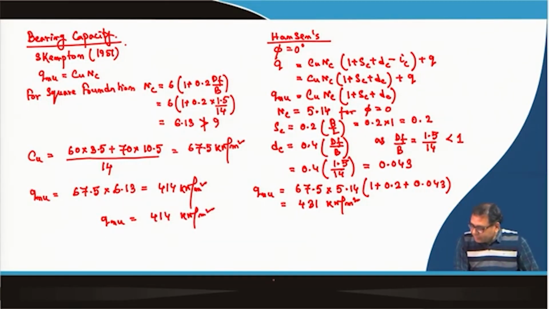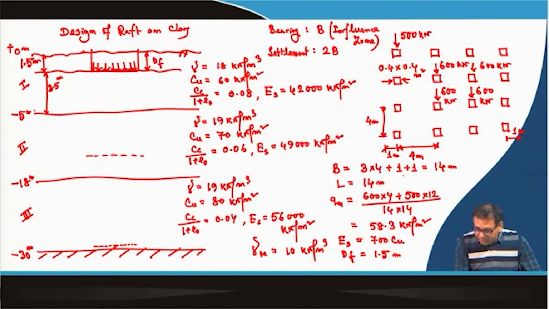So, the factor of safety that we are getting is, our net ultimate bearing capacity is 414 and the load which is acting is 58.3, that is the net stress which is acting on the foundation.